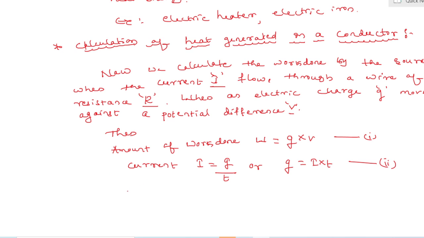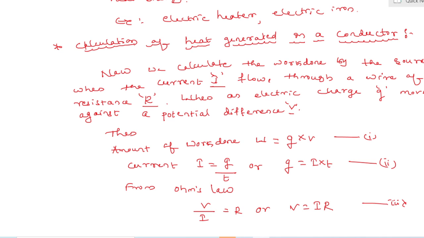From Ohm's law, V by I is equal to R, or V is equal to I into R. It is equation number 3.